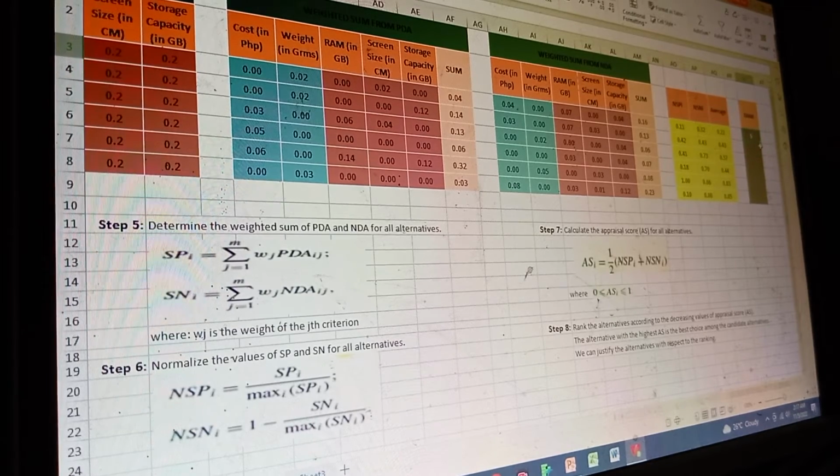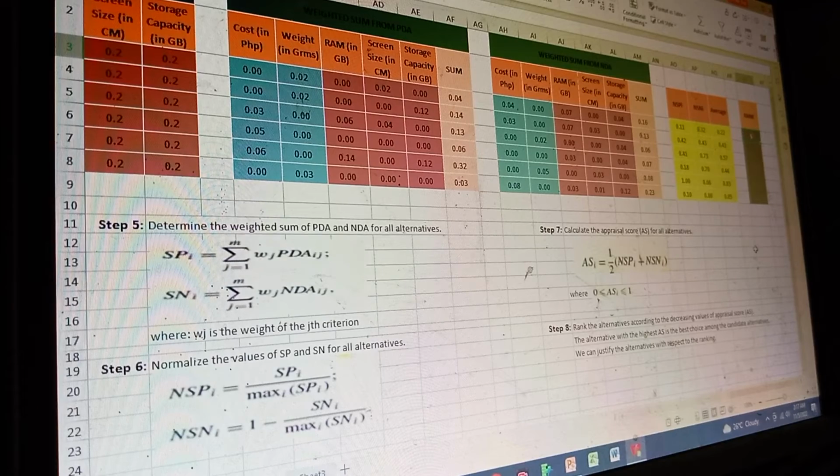Okay, so we can see here the first alternative is rank 5. Hmm, this is wrong.